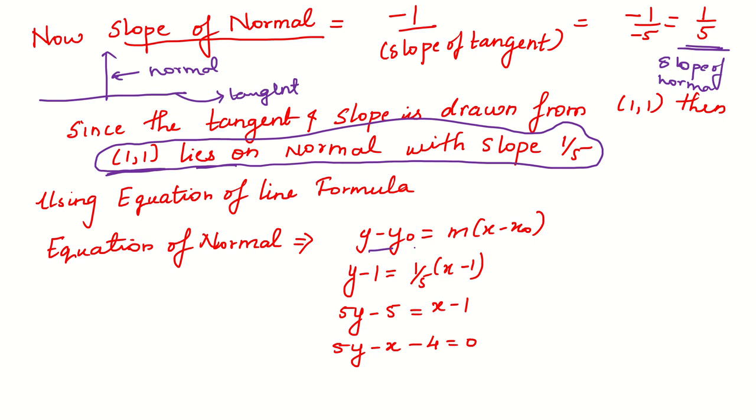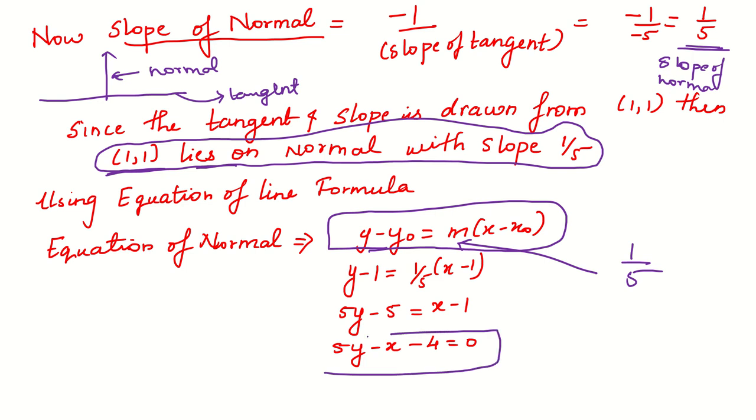So directly use the equation of a line, this. But now you're finding the equation of the normal, so the slope value will be the slope of the normal, which is 1 upon 5. The point will be the same, so this is finally your equation of the normal, and hence we have solved the problem.